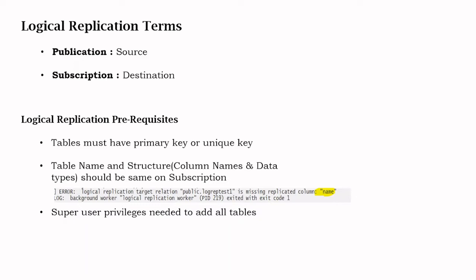I have attached a screenshot where the column name was different from the source, and you can see the error: missing replicated columns. That means the column is not present at the destination subscription. So keep in mind that the structure, column names and data types should be the same, and the replicating user should have superuser rights.